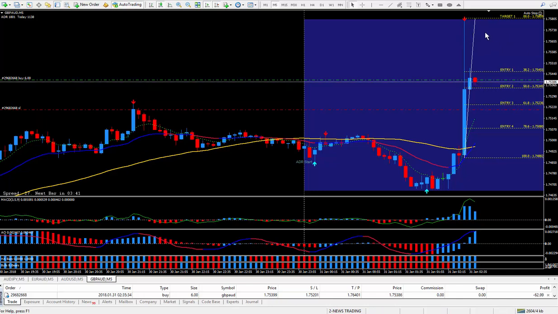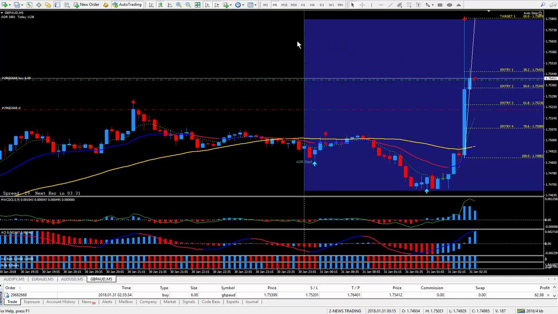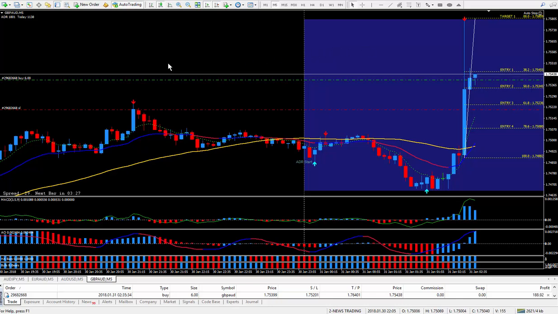So anyhow, I'm just trying to get 10 to 30 pips on the way back up. It should go up. And all we can do is sit and wait a little bit, and I'll report back shortly and let you know how the trade goes.